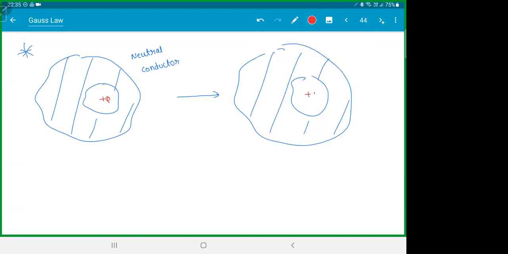Because of this plus Q here, you will start inducing charges. The closer points will have more charge. This will be minus Q. Outside will be plus Q because the conductor is neutral. Clear? This will be a non-uniform distribution because the surfaces are non-uniform. There's no symmetry.